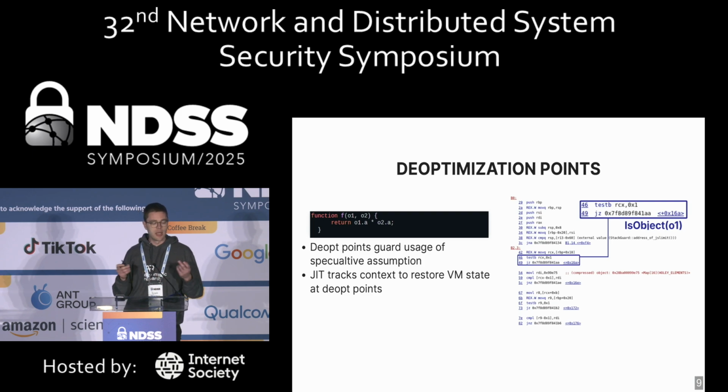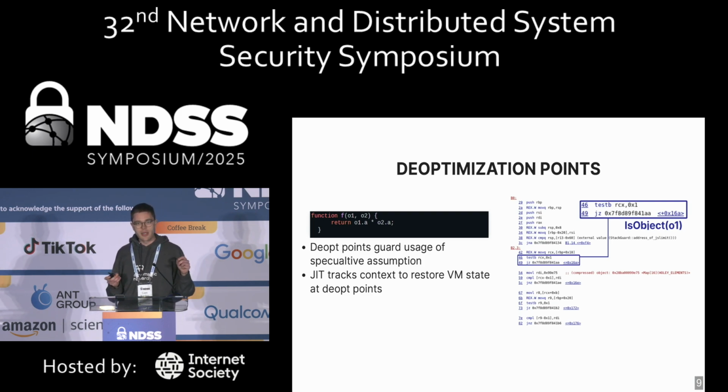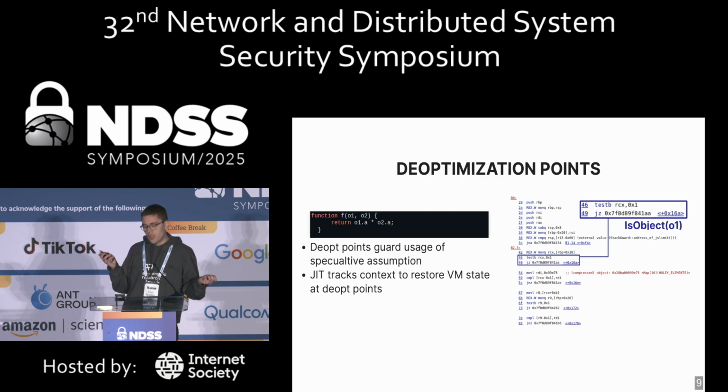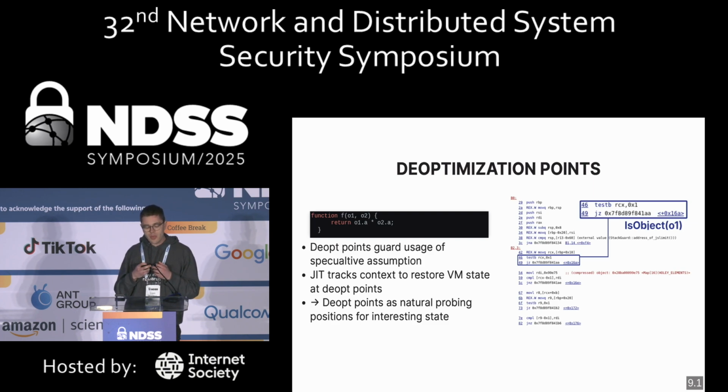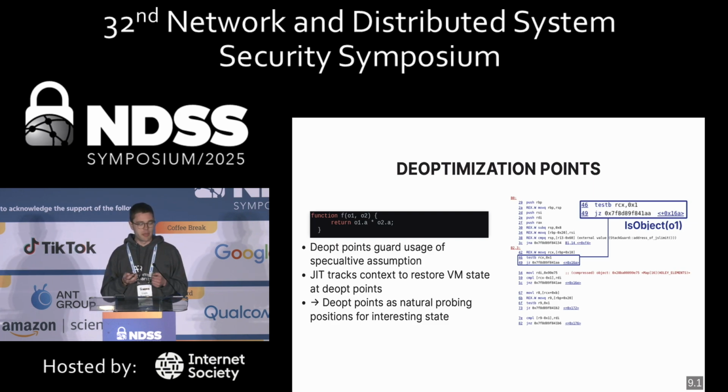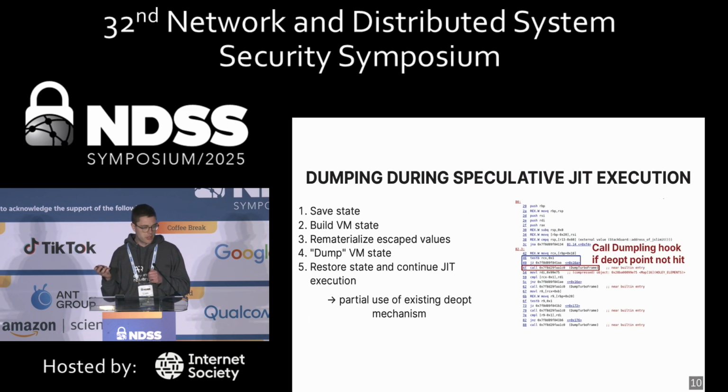De-optimization means restoring the VM state and continuing execution, for example, in the interpreter at this exact bytecode instruction, or maybe 1 or 2 or 3 bytecode instructions back. So basically, the de-optimization points are what we need. It is a mechanism already in the engine that allows us to get the VM state back during JIT execution.